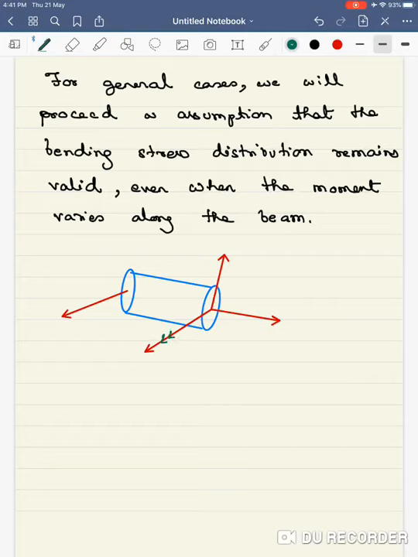So I will orient it along the z direction, and if I had to figure out what is the right arrow direction, then I have to apply my right hand rule, and you will see that the direction of the moment will be this. So this is my MB.